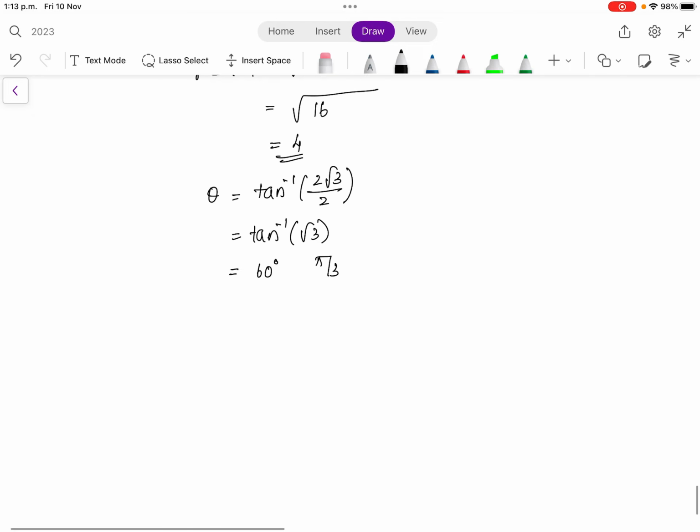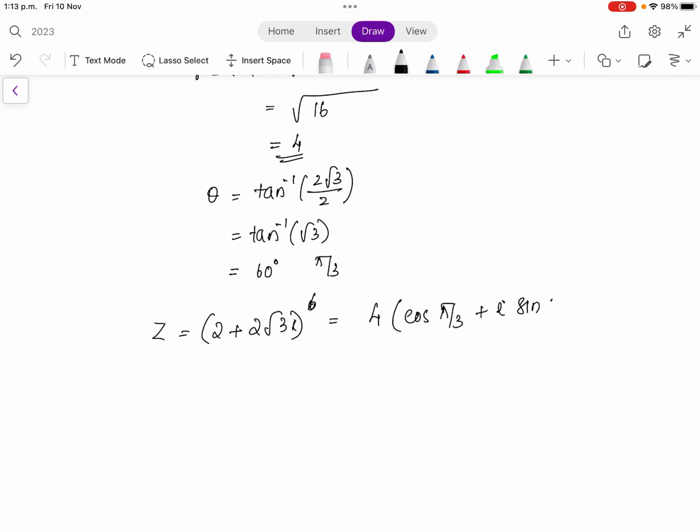Now you can write the complex number z is equal to (2 + 2 root 3 i) to the power of 6, which can be written as (4 (cos pi/3 + i sin pi/3)) to the power of 6.